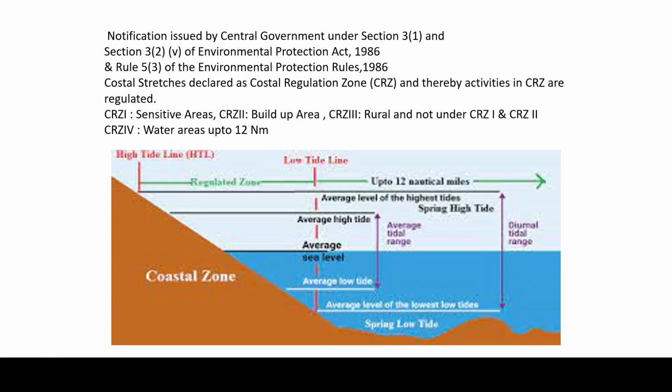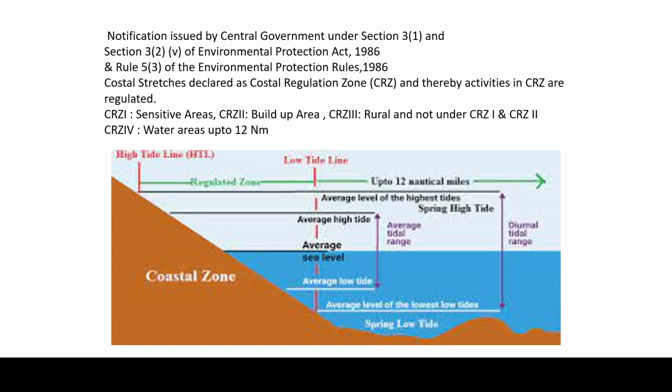Now we have four types of coastal regulated zones. One is CRZ1, which covers the sensitive areas like national parks, water parks, etc. Then we have CRZ2, that is the built up area or the city areas where the density of population is more. Then we have CRZ3, which covers the rural areas, the areas which do not fall under CRZ1 and CRZ2.